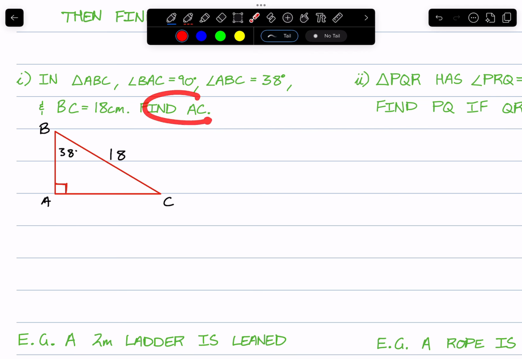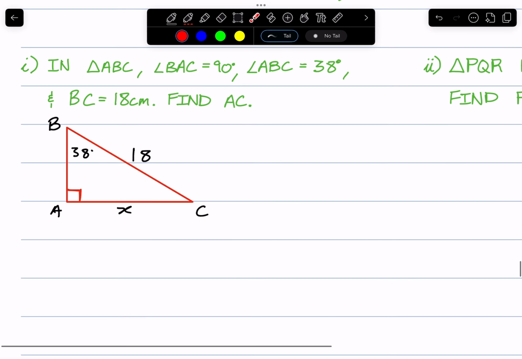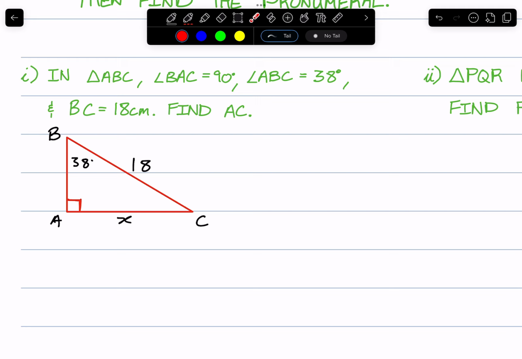Now it's telling us to find AC. So let's label that any pronumeral that we want. For this, let's just label it X. Now that we have our diagram to work with, we try and figure out which trig ratio we are working with. From the 38 degree angle, we have the opposite side, and the hypotenuse.